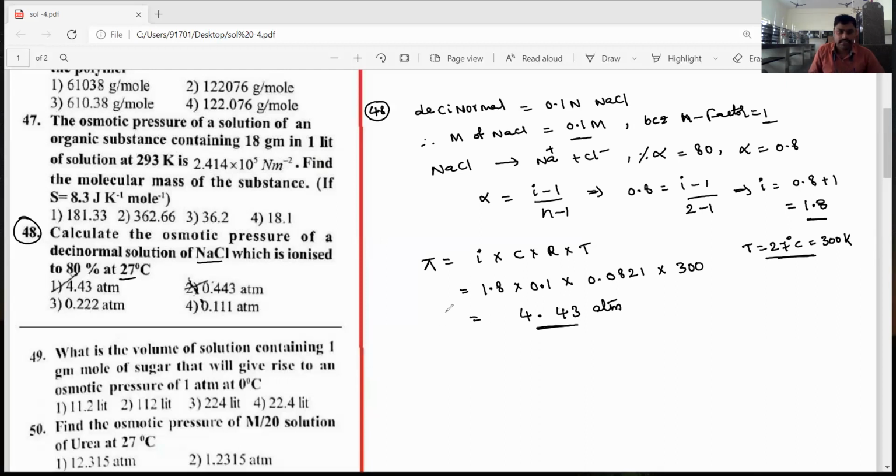Okay, dear students, let's see the 49th question. What is the given 49th question?